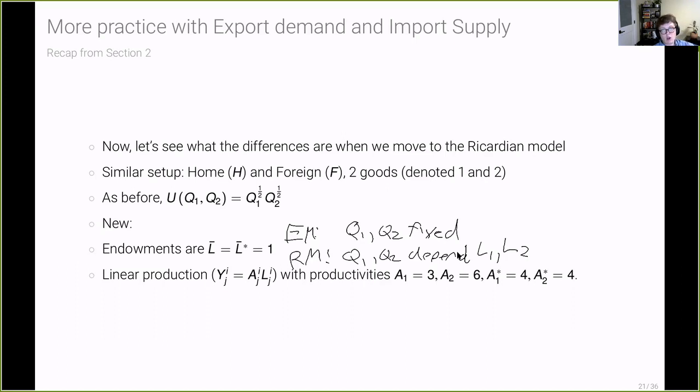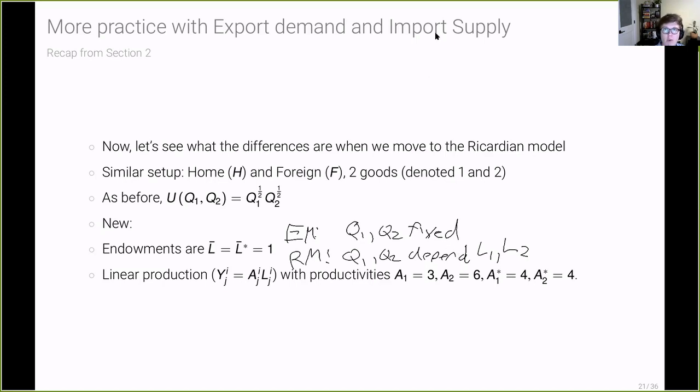All of the consumption decisions, we have the same utility function, and a lot of the things, like income, look very similar. But the big difference is that production can change as, for instance, the relative prices of goods change.